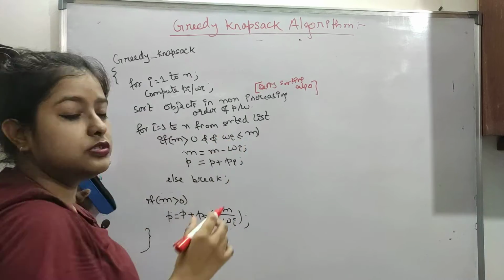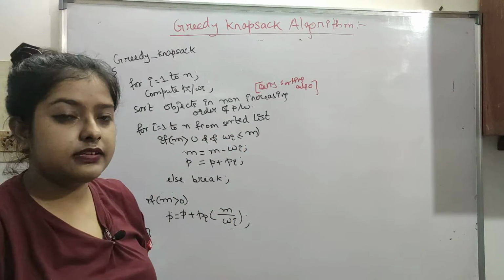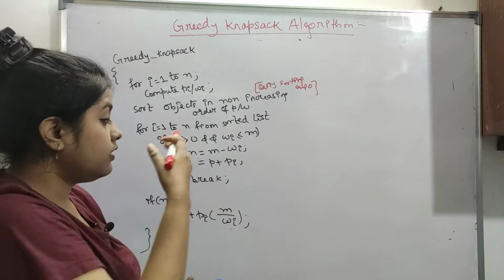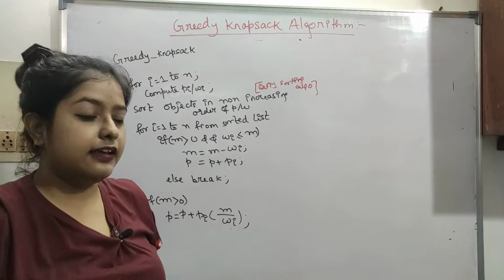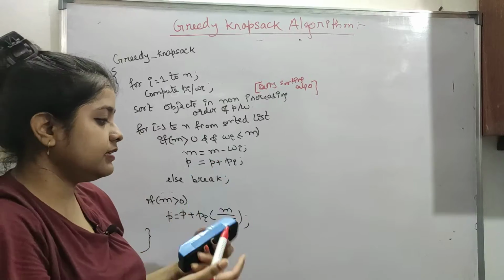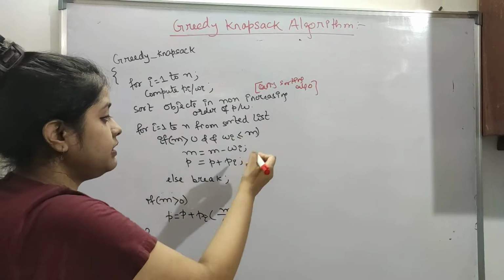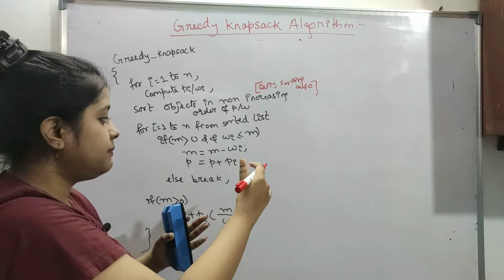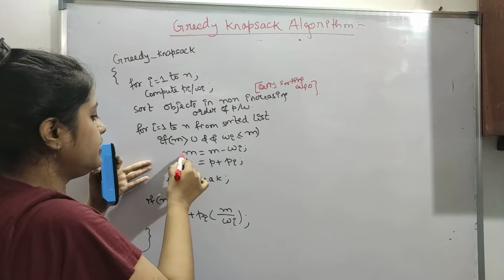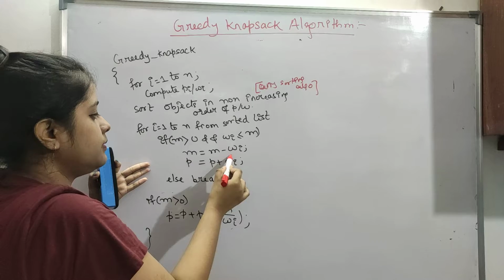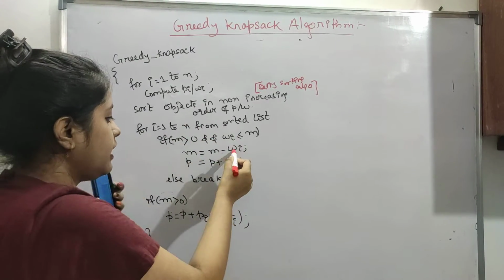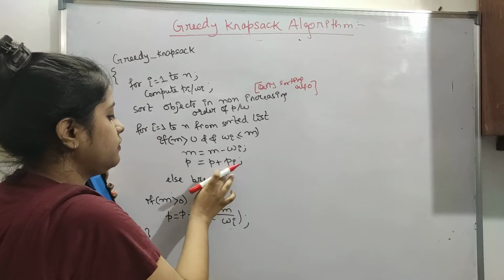If the next weight is less than the weight capacity left in the sack, as in our previous example, we just subtract the incoming weight from the capacity, and then we increase the profit by its profit.